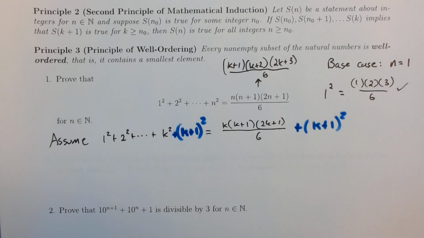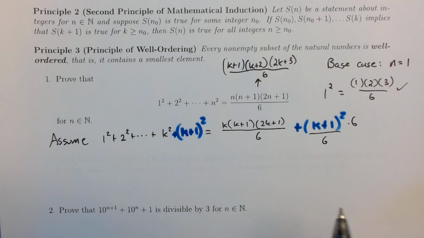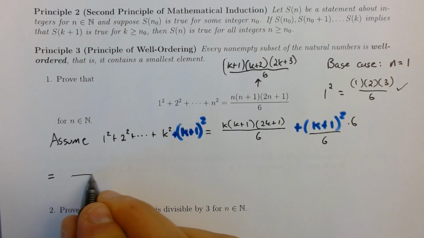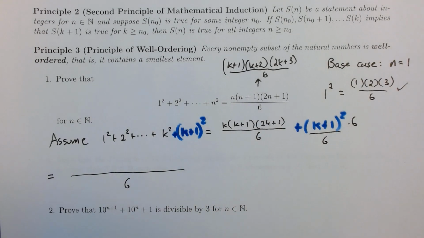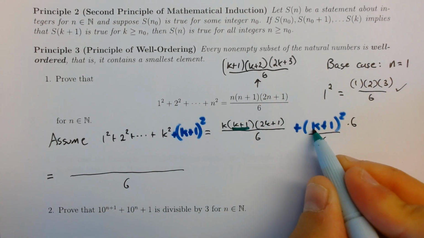I need to get a common denominator. So I'll multiply top and bottom by 6. And so now I can write it all under a common denominator of 6. And notice there is already a common factor here. I could factor out a k plus 1.